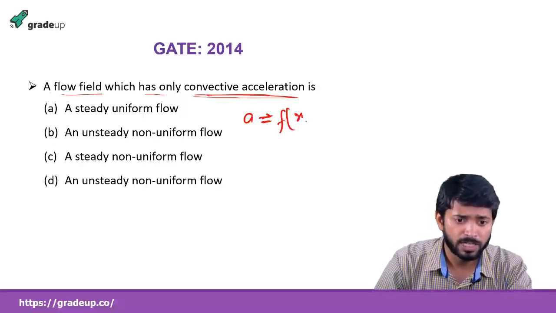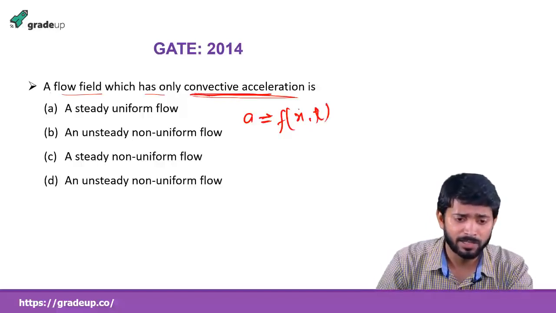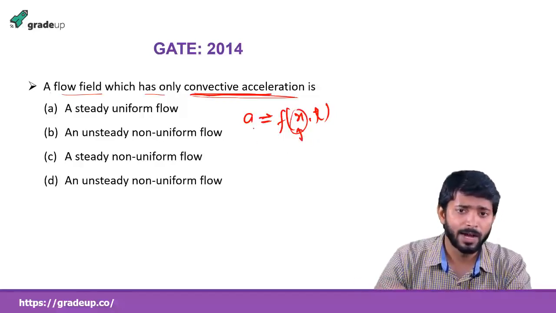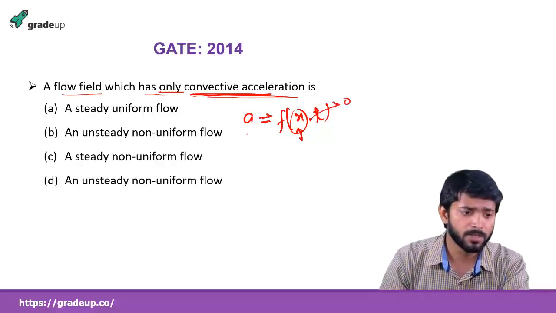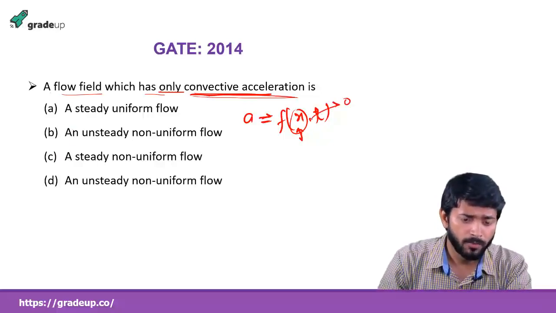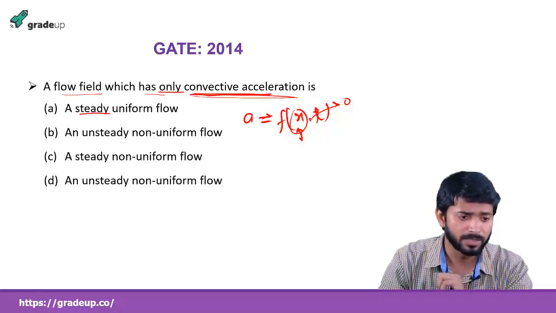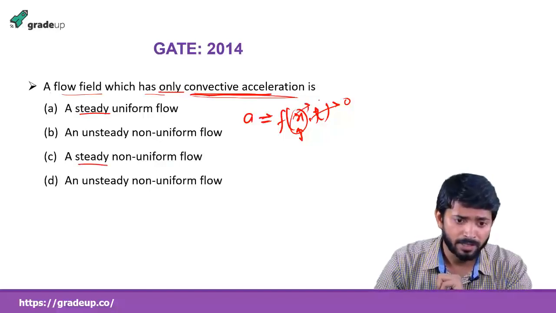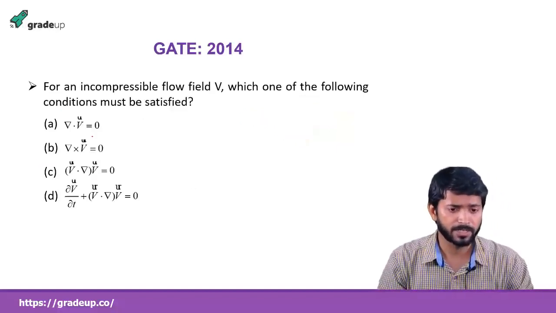The convective acceleration is when the acceleration varies with the space coordinates. Here only convective acceleration is given, which means it does not depend on time. So when it is not depending on time, the condition will be steady, but it is varying with space, so it will be non-uniform. So steady non-uniform flow. So option C is correct.